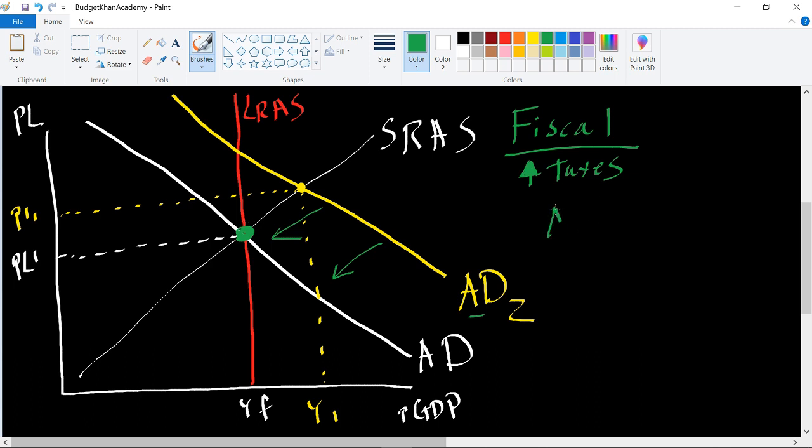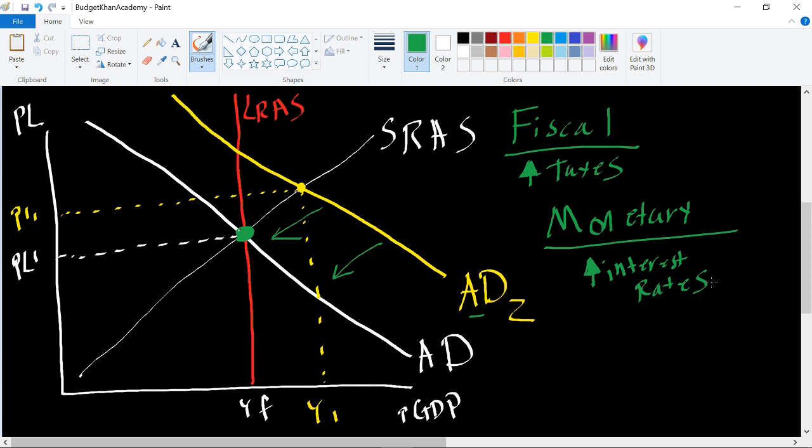There's a second option called monetary policy, where this has to do with banks, the Federal Reserve, and interest rates. Let's say we don't increase taxes, and instead we enact a monetary policy of increasing interest rates, effectively making money more expensive.